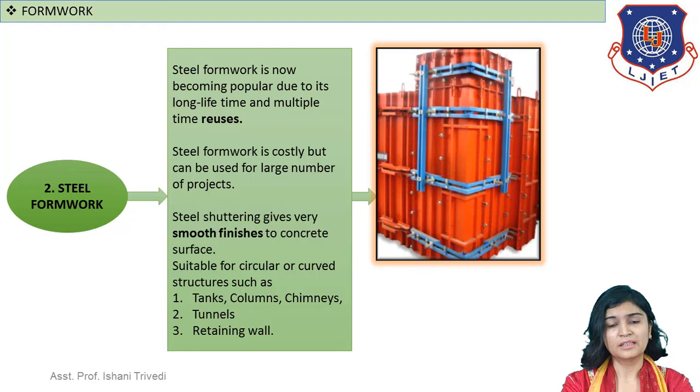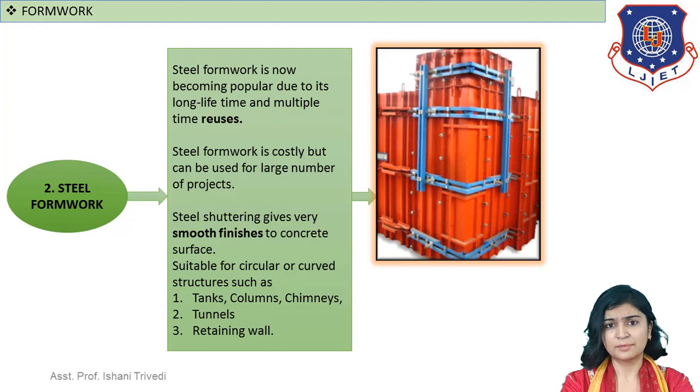There are atmospheric effects on timber, but there shall be no atmospheric effects on steel formwork. There will be less chance of damage during removal in steel formwork. There will be no attack by insects or termites, that is white ants, in steel formwork.